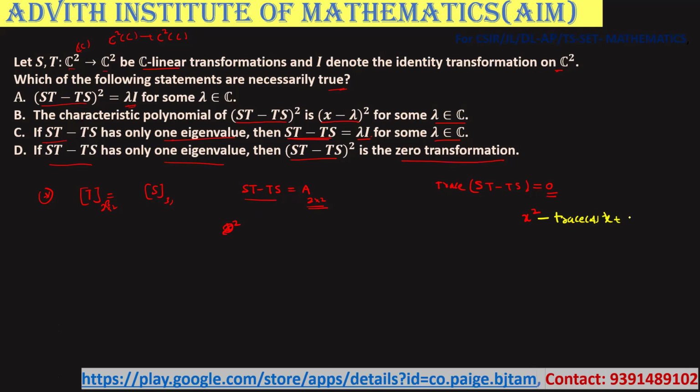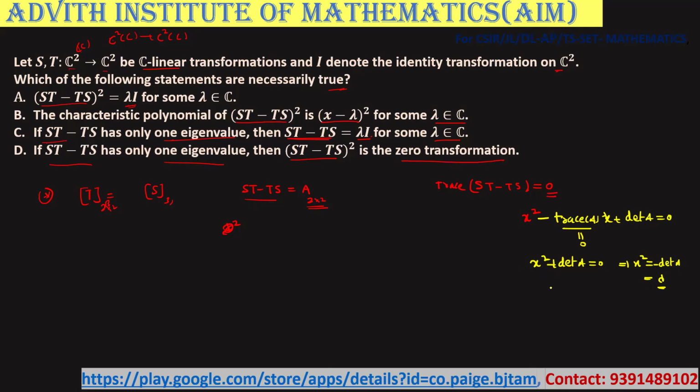But the trace is equal to 0 only. That means x squared plus det A equals 0, so x squared equals minus det A. So det A is a constant complex number. Assume that this value is equal to some lambda. So x squared equals lambda.